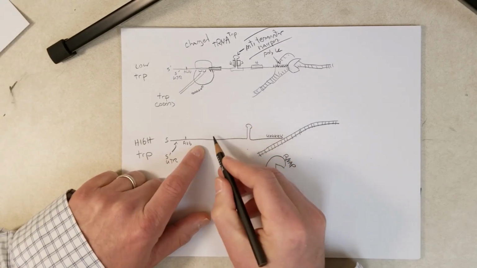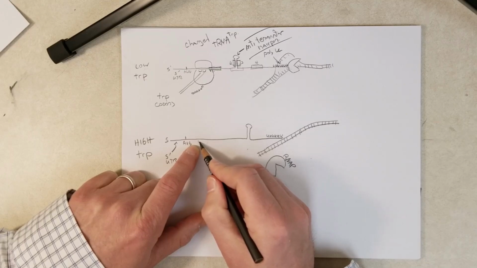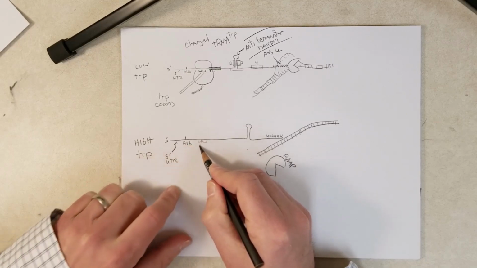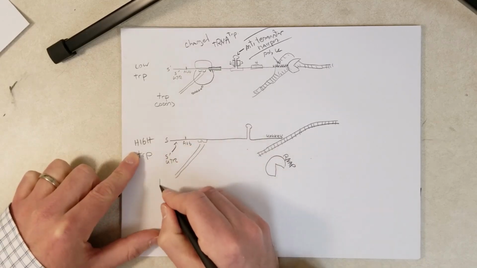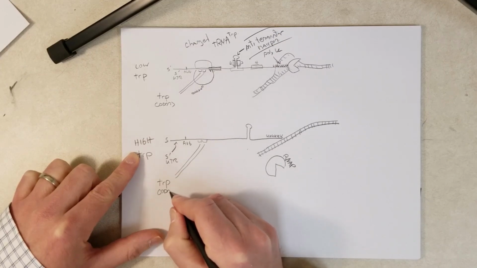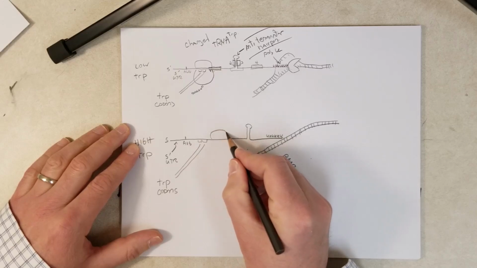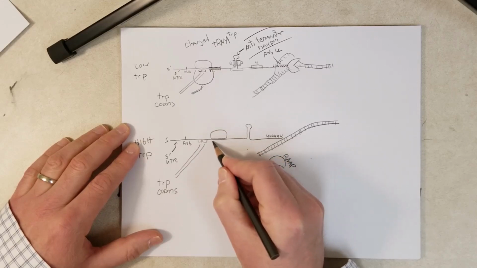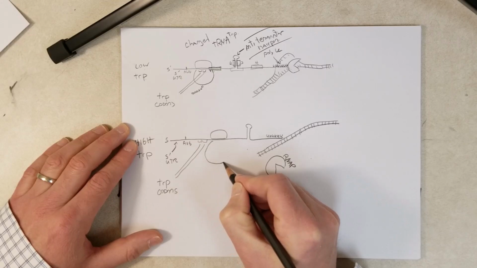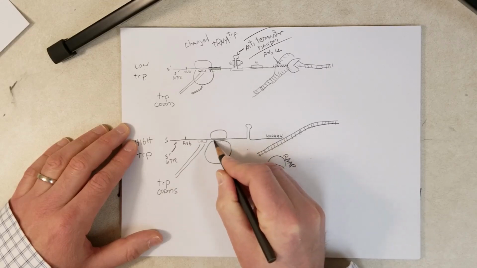Now in this case, these are the tryptophan codons. The ribosome blew right by those because there was plenty of tryptophan in the cell and plenty of charged tryptophan tRNAs.